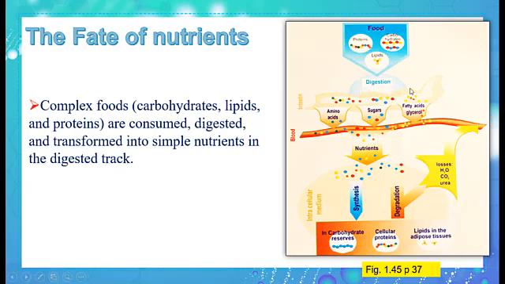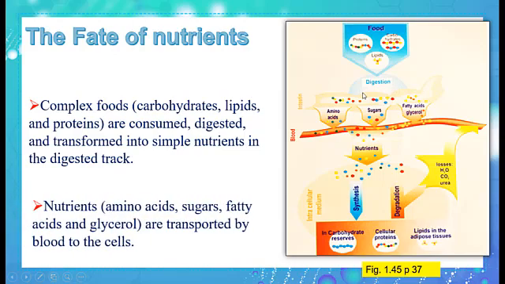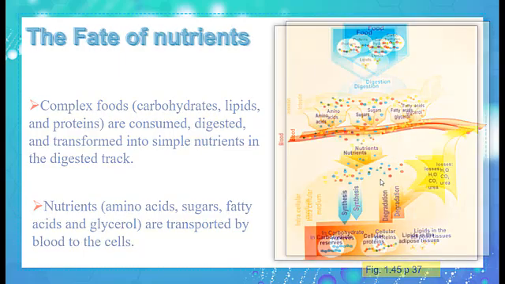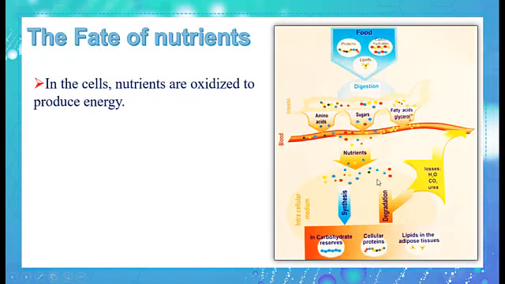What happens to these nutrients in our body? The nutrients such as amino acids, sugar, fatty acids, and glycerol are transported by blood to the cells. What happens in the cells? In the cells, nutrients are oxidized to produce energy.